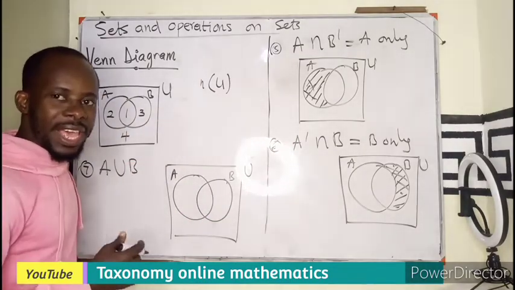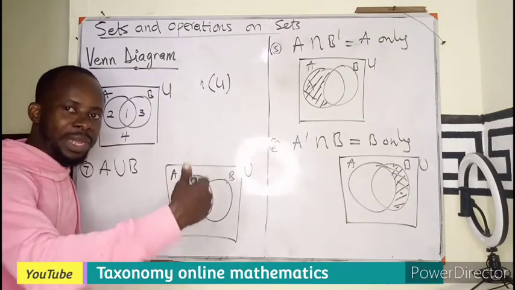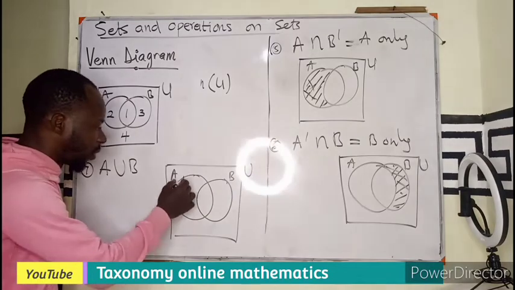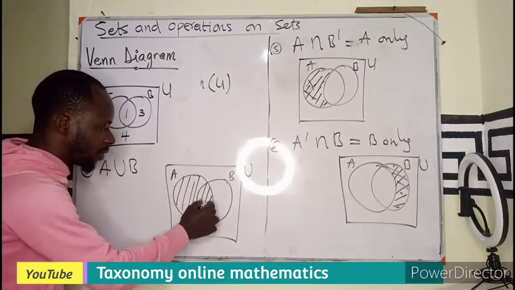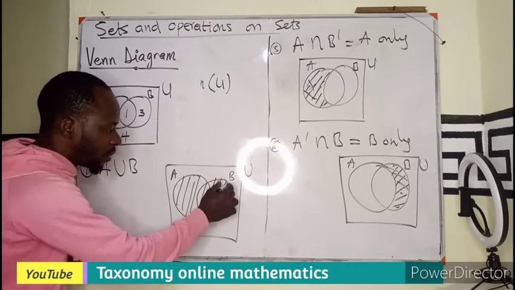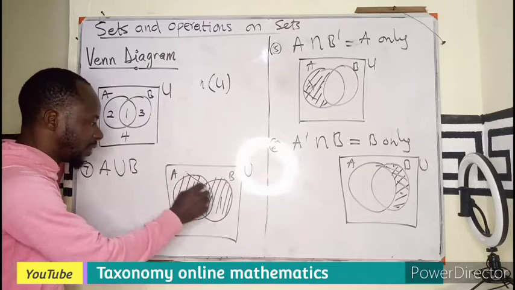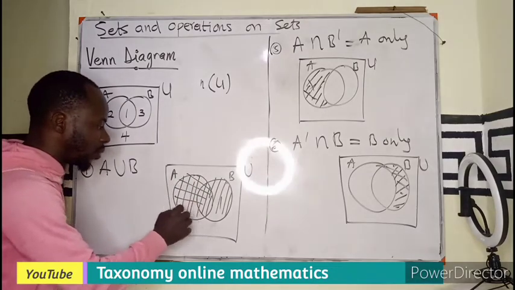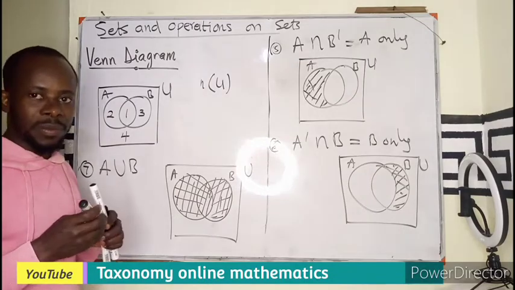Region 2 is involved, region 1 is involved, then region 3 is involved, except region 4. So this region is our A union B.